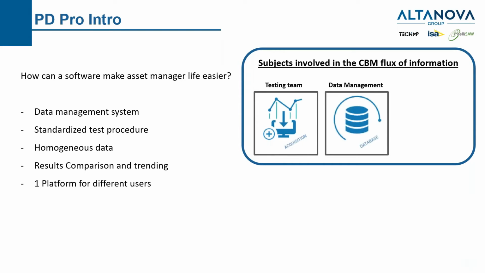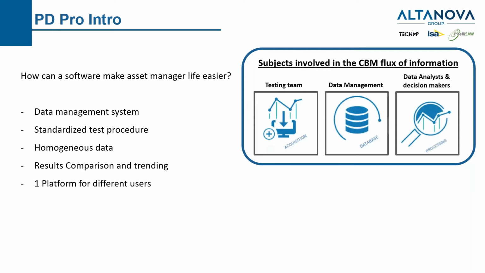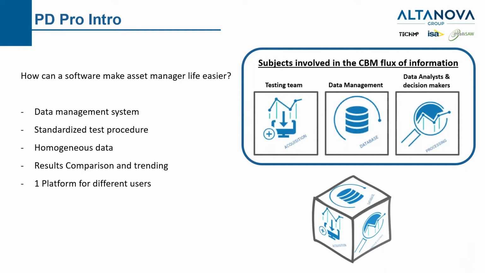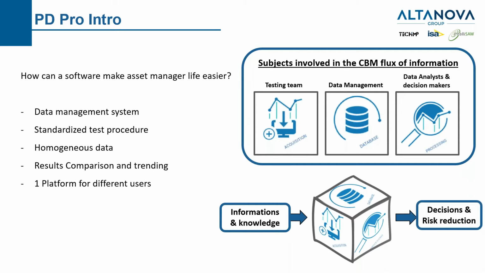We need one single platform for different users. So the testing team, data management team, and data analysts and decision makers will all work on the same platform, that is the PDPro. Our input for the PDPro will be information and knowledge, and our output will be decisions and risk reduction or risk mitigation.